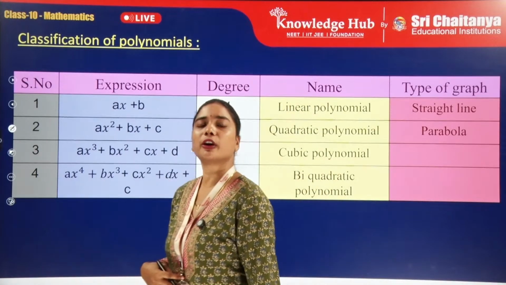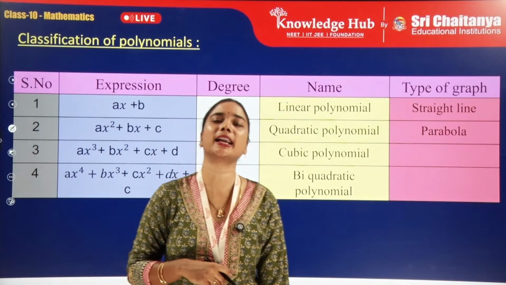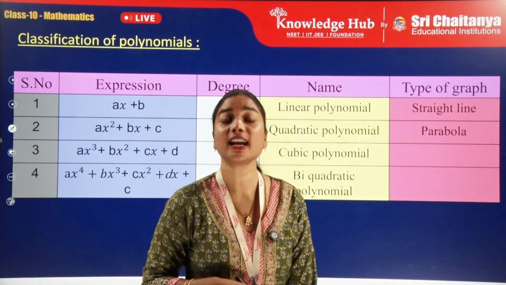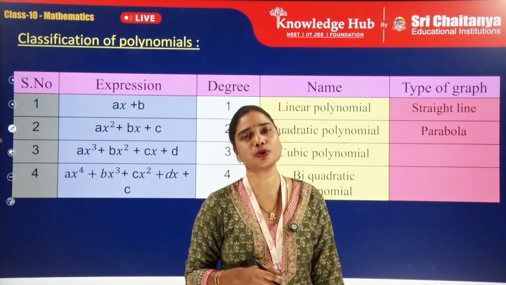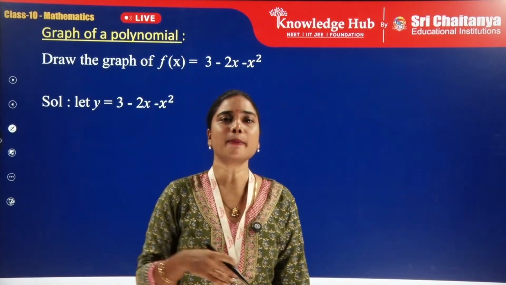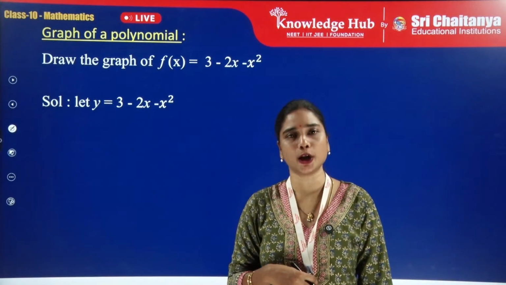So from this, we observe that the graph of a quadratic polynomial is a parabola, it opens in the upward direction, and it crosses the x-axis at two distinct points. Let's take one more example to know more about the graph of a quadratic polynomial.